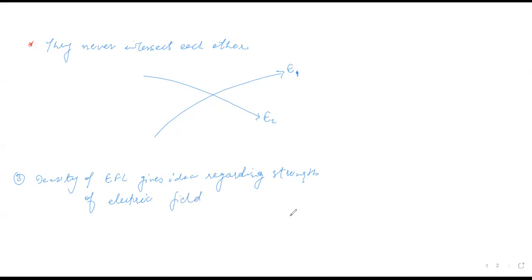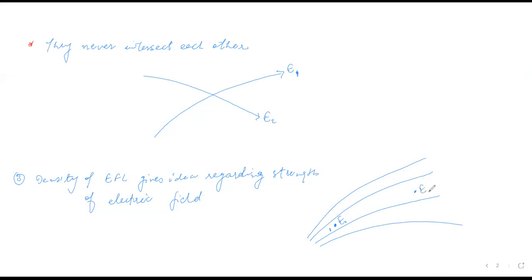Suppose that you have some field lines like this. You can take a point at position A or position 1. This is your E1, and at this position the field lines are very far from each other.